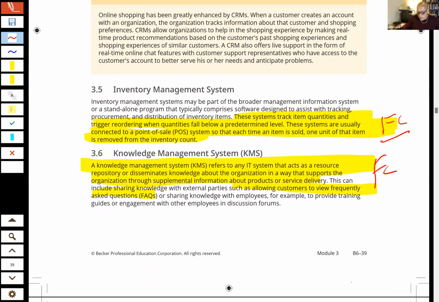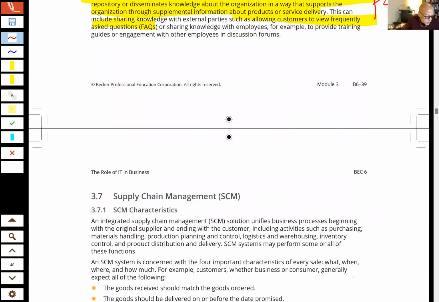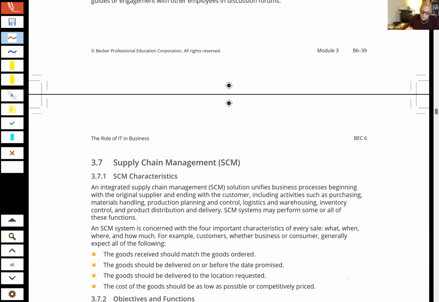Coming over and taking a look at the next page, supply management system, okay. An integrated supply management system solution unifies business processes beginning with the original supplier and ending with the customer, including activities such as purchasing materials, handling, planning and control, logistics, warehousing, the entire supply chain management.